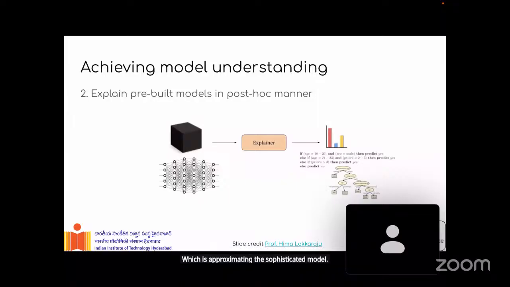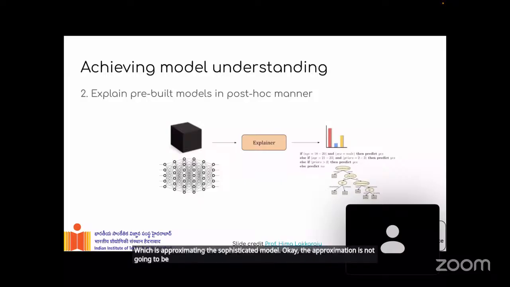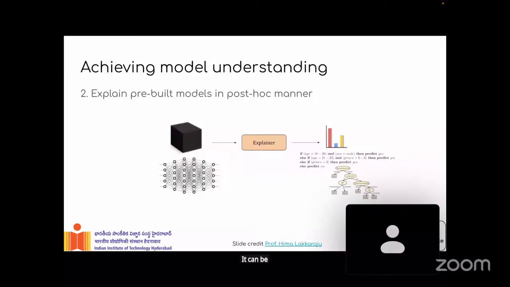The approximation is not going to be really valid everywhere. It can be a very local approximation, valid only at a particular neighborhood in the input. It is not valid in the entire domain. So this is the second way.